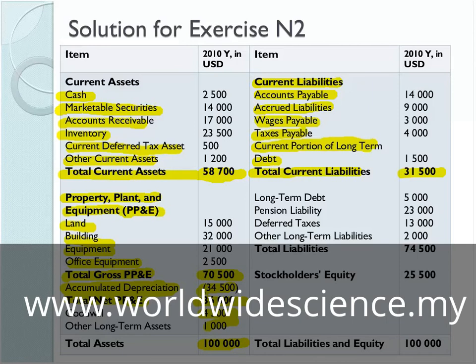It's like long-term debts, the pension liability, the deferred taxes, and other long-term liabilities, which equal a total of 74,500. And after long-term liabilities, we must show our stockholders' or shareholders' equity, the capital, which is the shareholders' investment, 25,500, right?